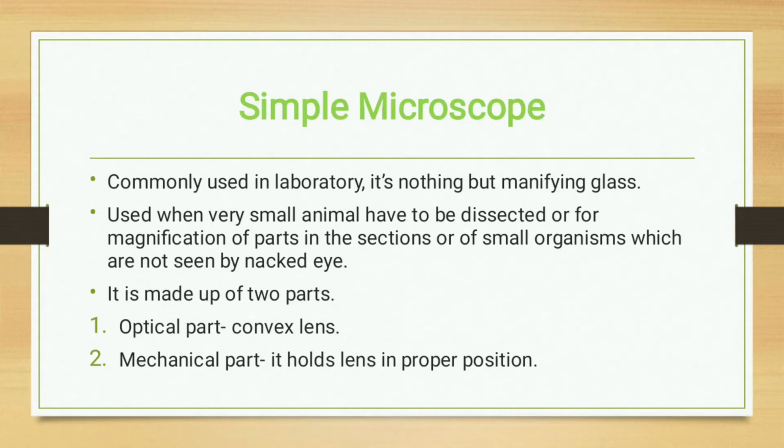Now let us begin with the simple microscope. The simple microscope is commonly used in the laboratory. It is nothing but a magnifying glass. This microscope is used when a very small animal has to be dissected, or for magnification of parts in sections or of small organisms which are not seen by the naked eye.